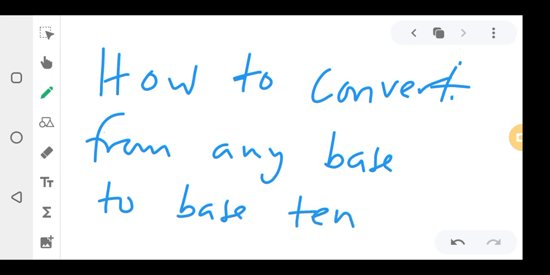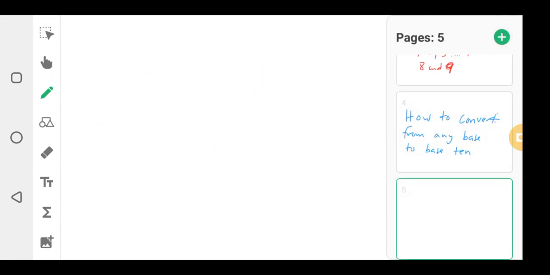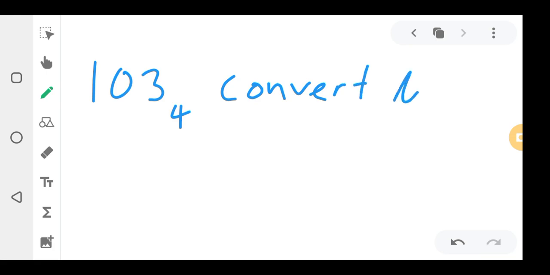When you are converting any base to base 10, what do you do? For example, base 2 to base 10, base 3 to base 10, any base to base 10. So for example, if you are converting a number like 103 base 4, and then they say convert to base 10.